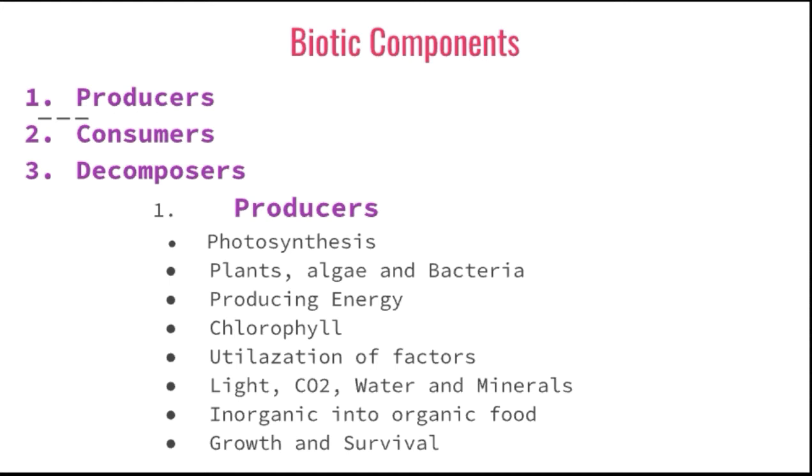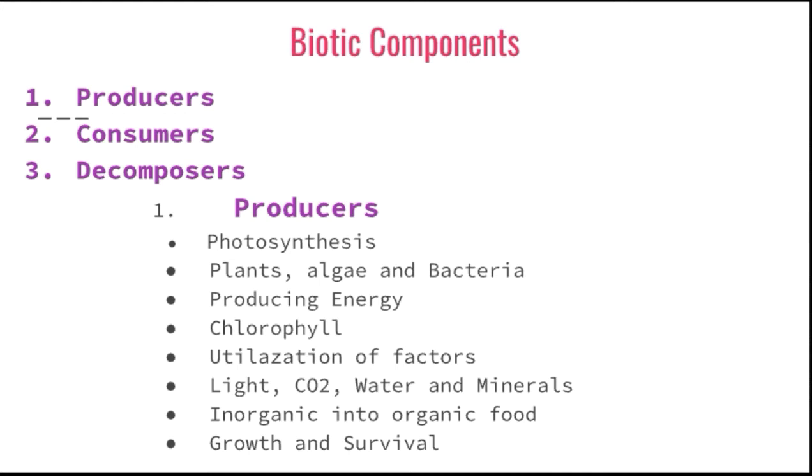So first is the producer. The organisms which carry out photosynthesis constitute the producers of an ecosystem. Those organisms which carry out the photosynthesis process are called producers, right?